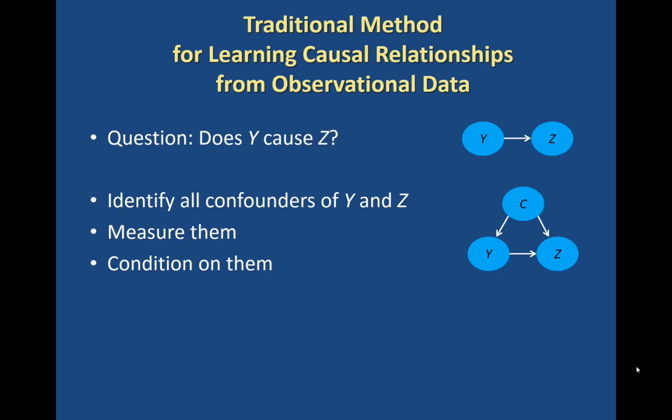We want to measure these so that we can control for them by conditioning on them, and then the residual statistical dependency between Y and Z, once we control for C's influence on them, would be the causal effect of Y on Z.